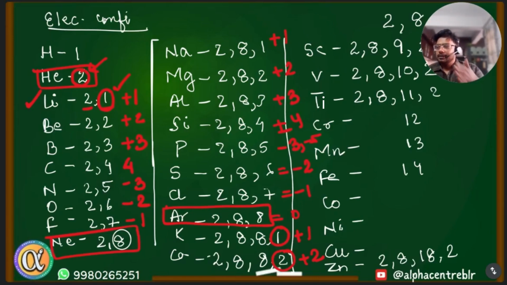Like for example, if I ask you, what is atomic number 15? Let's see, rapid fire. Phosphorus. The element before argon? Chlorine. Atomic number of the element after potassium? 20.